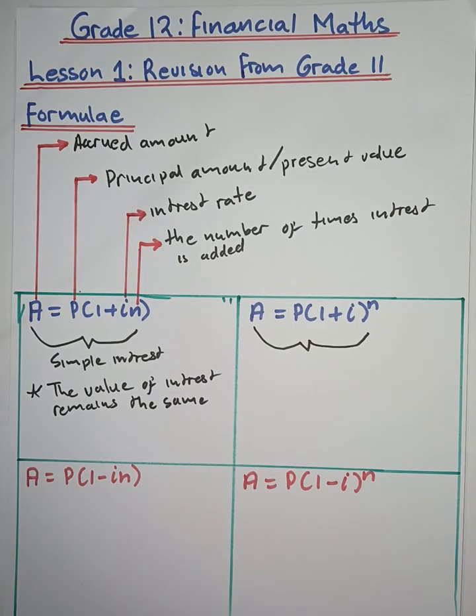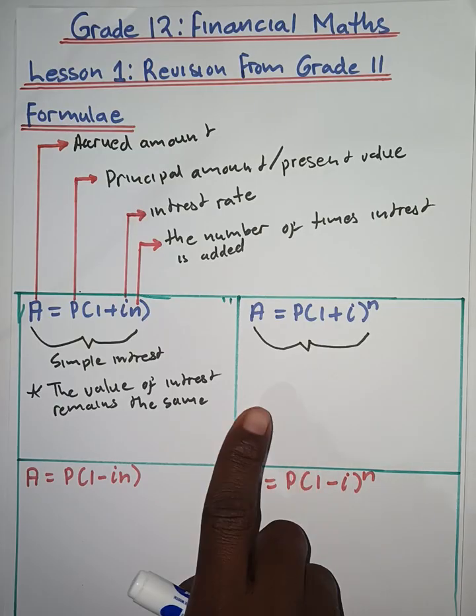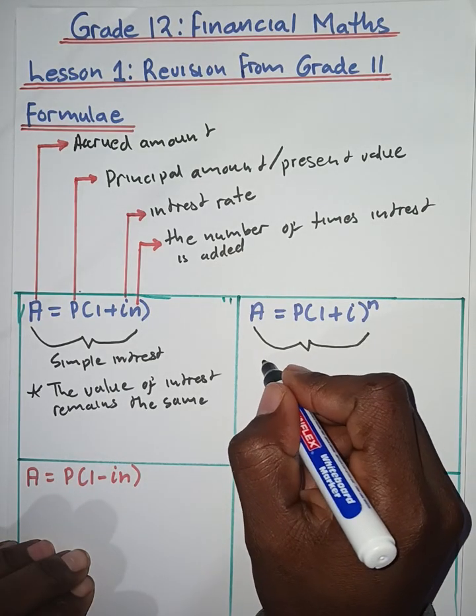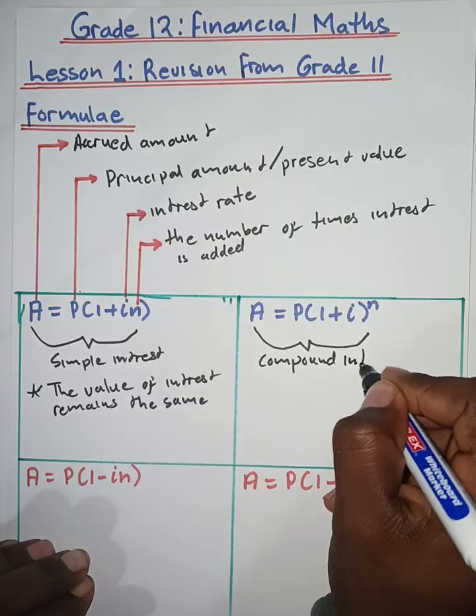the value that your amount increases by changes over time, unlike in the simple interest formula. So in the compound interest formula, it changes as time progresses. So this you should remember is the compound interest formula.